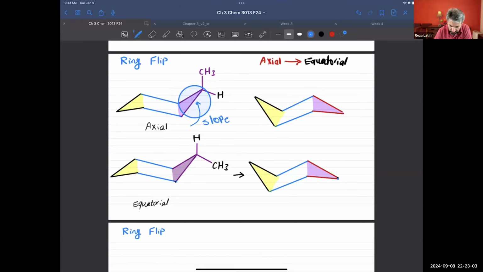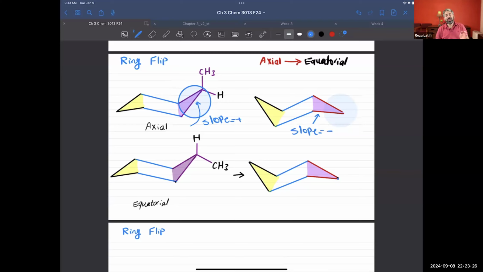Well, in this region, the slope is negative, because that line is pointing down.